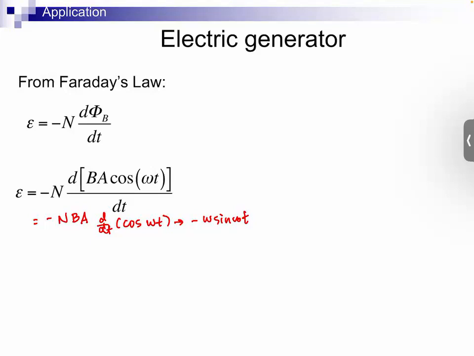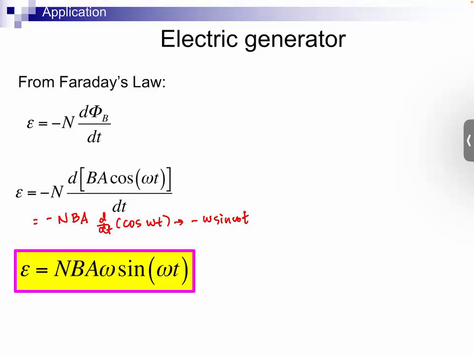In other words, we can write the voltage that's generated when you rotate the coil in the magnetic field to be equal to N times B times A times omega sine omega t. So what this tells us is that the voltage that's generated is now a sinusoidal function, a sine function.